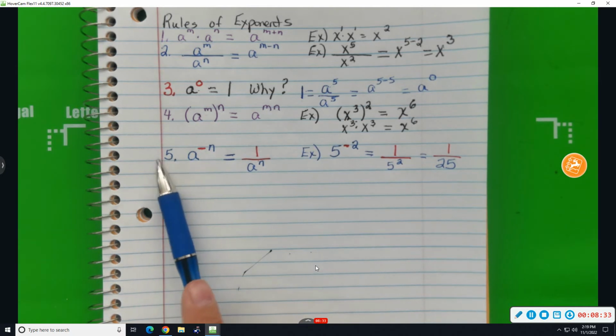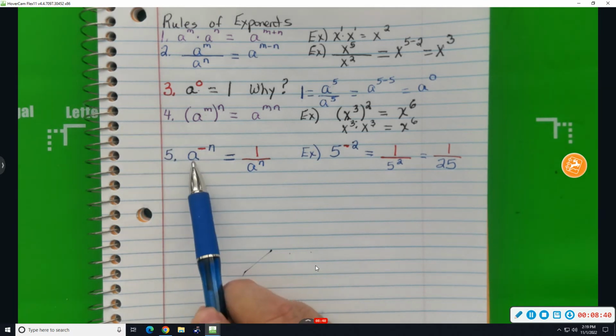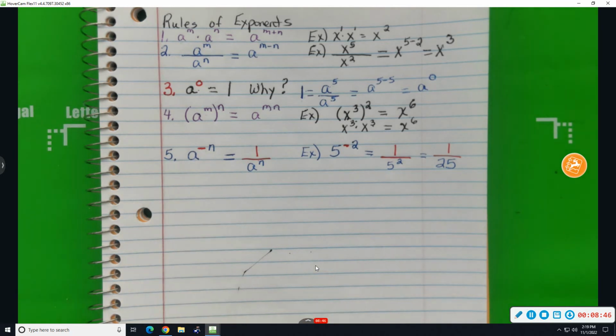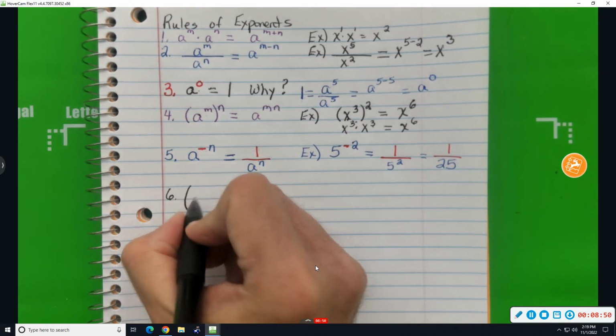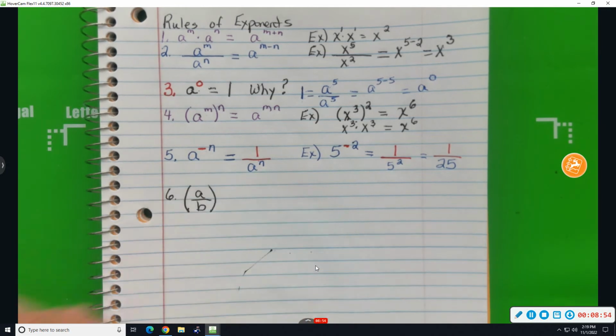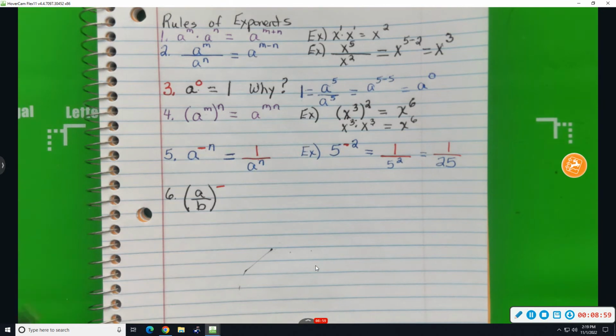Rule 5 tells you how to work with a negative exponent when the base is just an integer, not a fraction. What the heck do I mean by that? Number 6, if we had the fraction a over b to the negative n power.